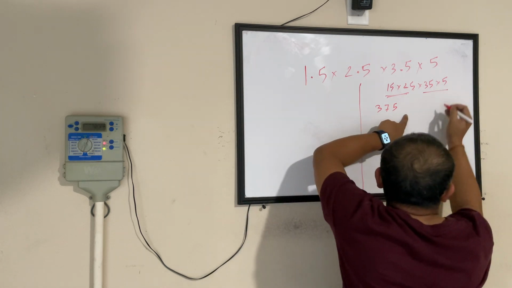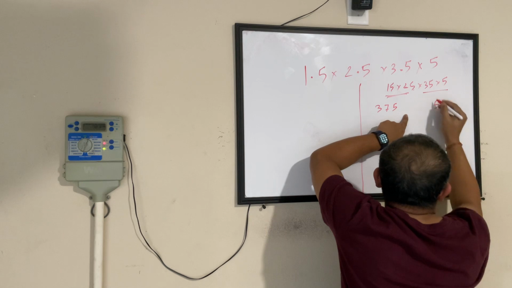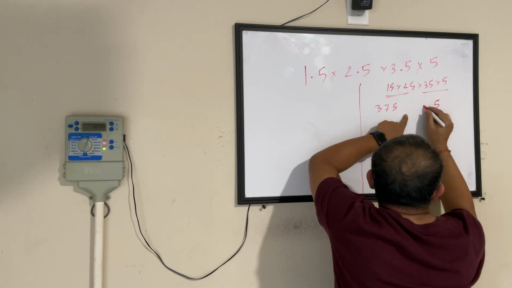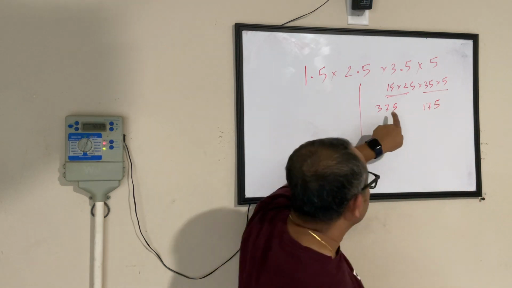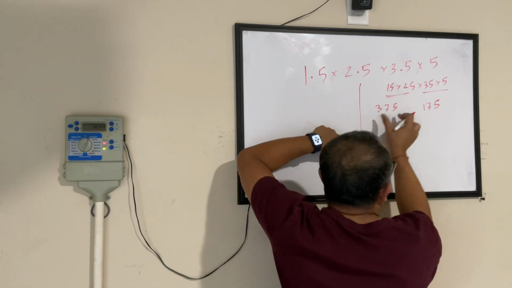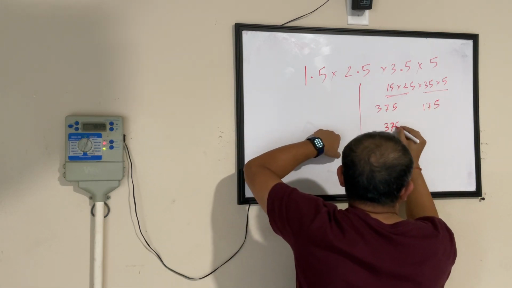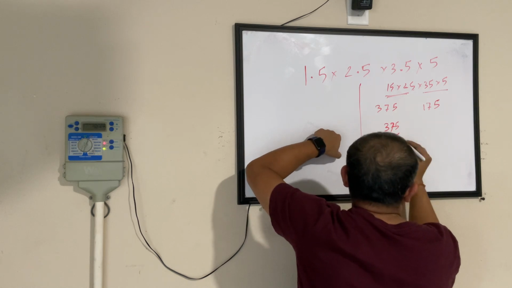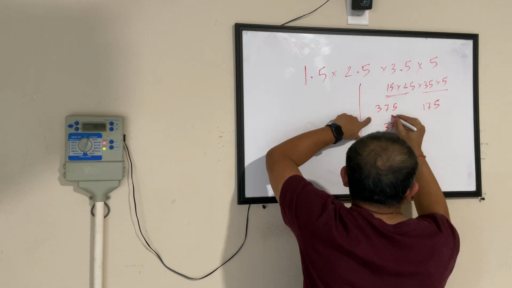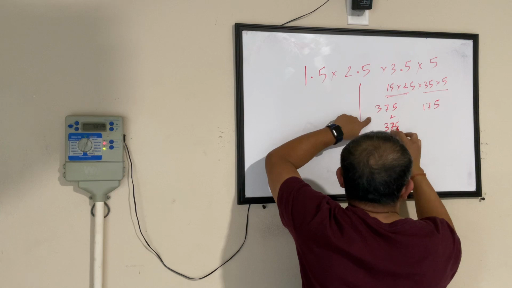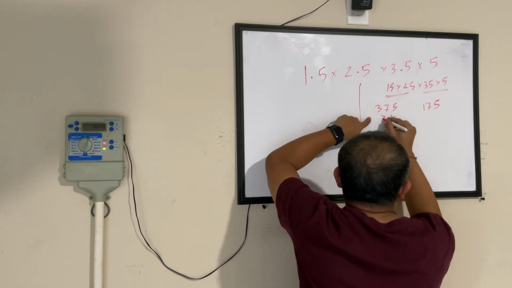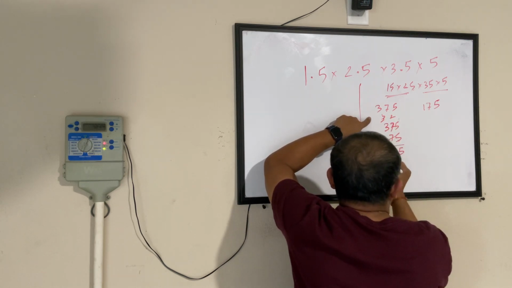Now 35 into 5: 5 times 5 is 25, 5 times 3 is 15 plus 2, 175. So I got 375 by multiplying these two, and 175 by multiplying these two. I will multiply these two now. 375 and 175. 5 times 5 is 25, 2 carry forward, 5 times 7 is 35 plus 2, 37, 3 carry forward, 5 times 3 is 15 plus 3, 18.